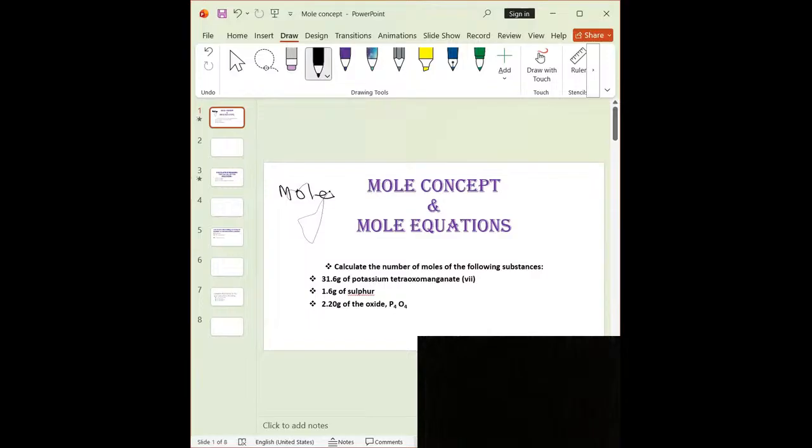That is mass of substance over molecular mass. That is, mole equal to mass over molecular mass of the substance. That's the first definition.